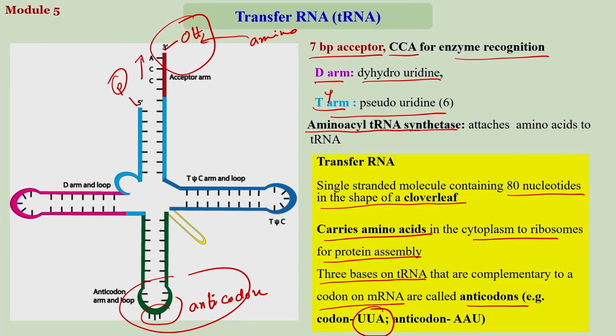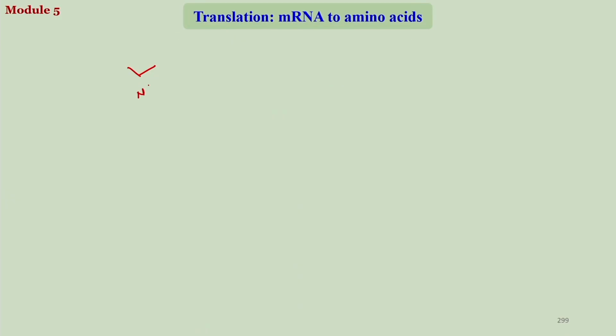Now let us look at the reaction that goes on, how the amino acid is attached to the tRNA. I am writing NH2 in free form, of course it exists in zwitterionic form, but I am making it simple now. You have the amino acid. First of all, the amino acid gets attached to an ATP.